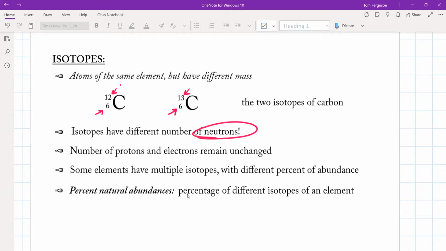But this is the big deal with neutrons: the chemistry of elements is not determined by the number of neutrons. It's determined by electrons around the nucleus, specifically the outermost electrons. I'm going to call those valence electrons in a little while. So electrons determine chemistry, neutrons do not. The chemistry of carbon-12 and carbon-13 is extremely similar, if indistinguishable.